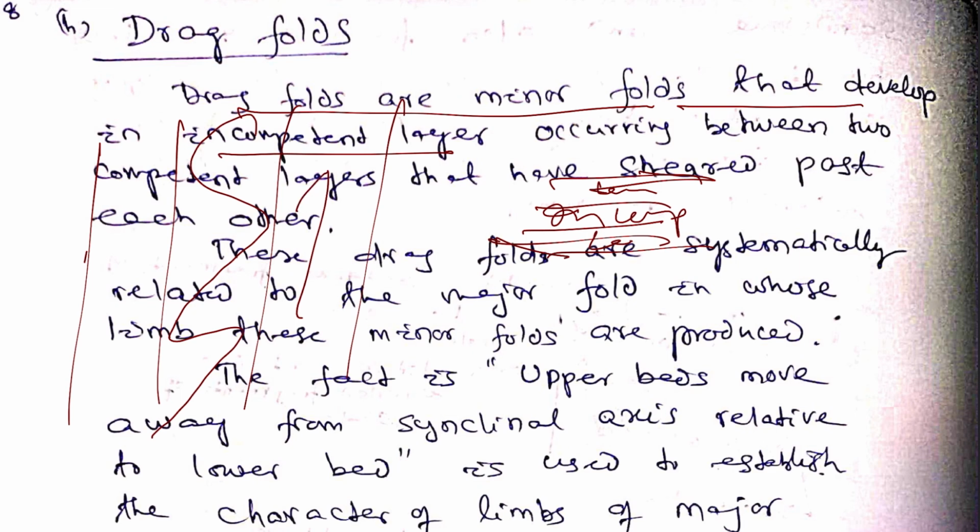In this manner, this type of fold develops in the incompetent bed because of the shearing past of the upper bed and lower bed. And the shape of the drag fold comes like this. And this drag fold is useful in deducing the major structures.